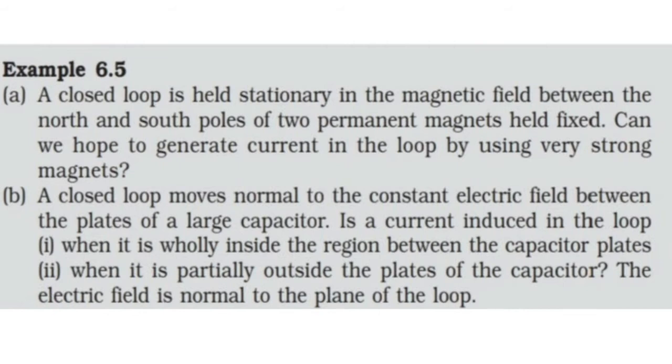Whatever be the state of the loop within the capacitor plates, here the electric field only is changing. For induced current to be produced, there should be a change in magnetic flux linked with the closed loop. So in both cases, there won't be any induced current flowing in the closed loop.